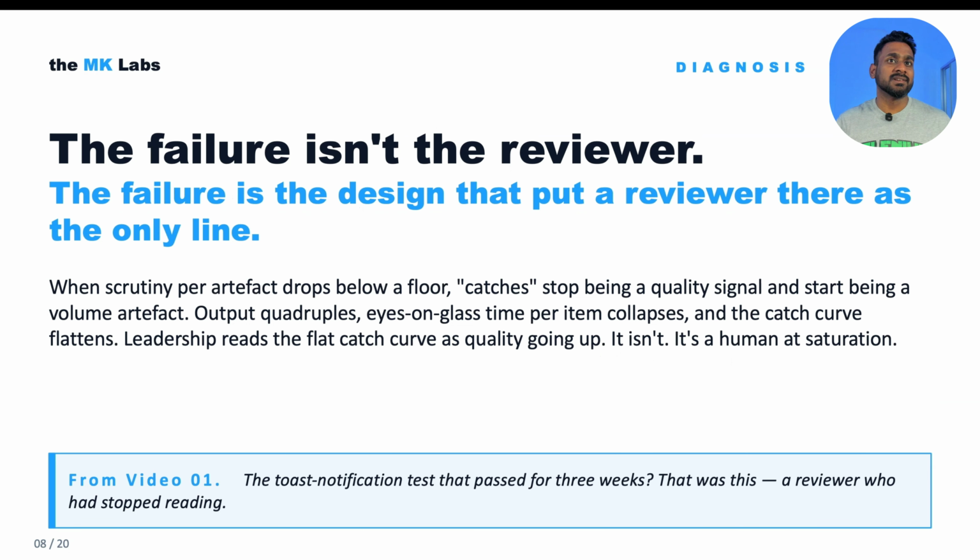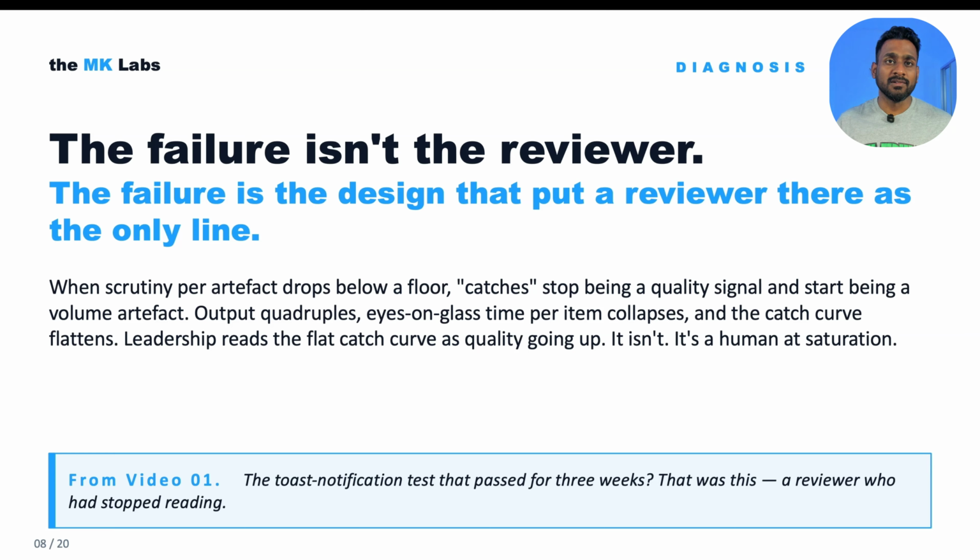Let's diagnose it clearly. The failure isn't the reviewer, right? Not blaming the humans. The failure is a design choice that put a human there as the only line of defense. When scrutiny per artifact drops below a floor, catches stop being a quality signal and start being a volume artifact. It's a psychological ceiling. Every human reviewer has one, and designing a system that depends on a reviewer never hitting theirs is designing a system that will fail.